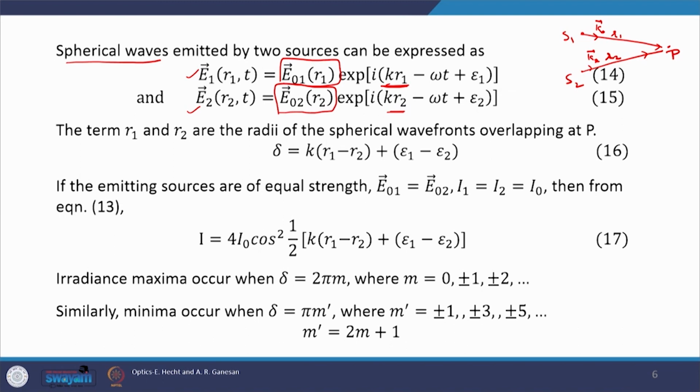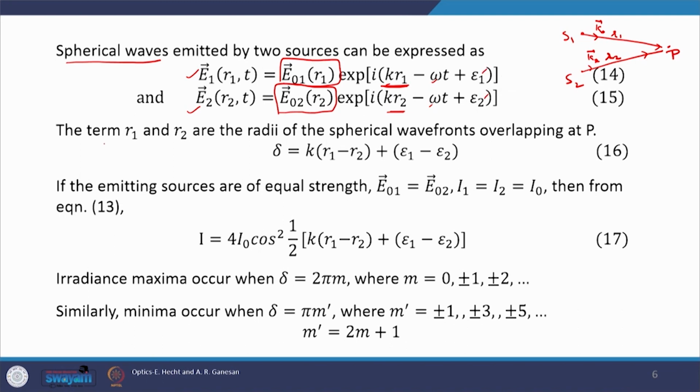The dot products are now replaced here with usual multiplication. As usual, omega is the frequency of waves starting from S1 and S2, and epsilon 1 and epsilon 2 are the initial phases.